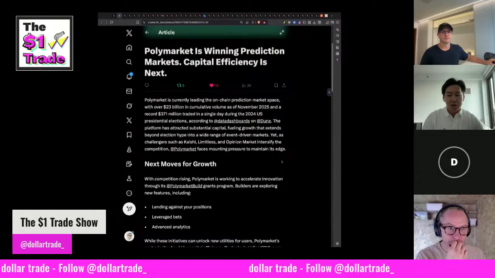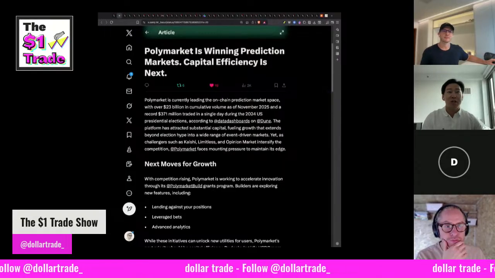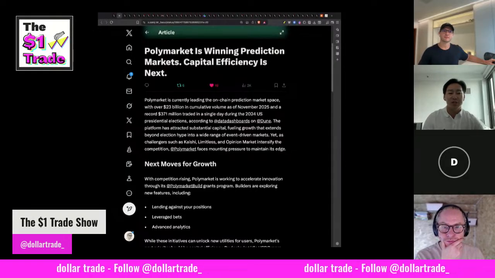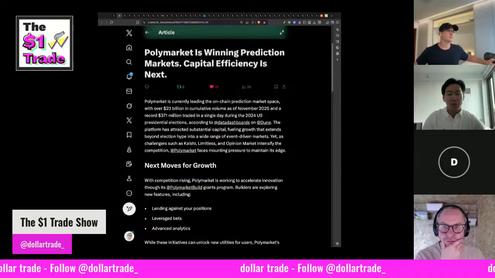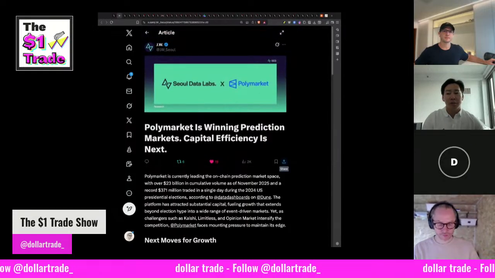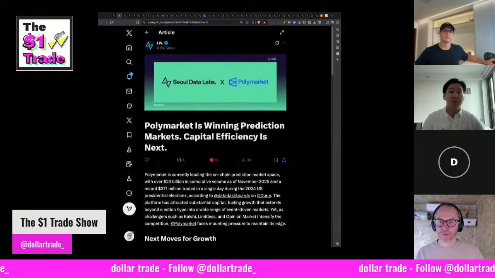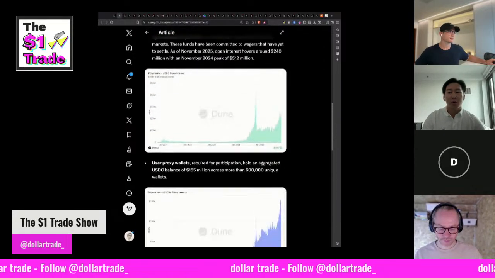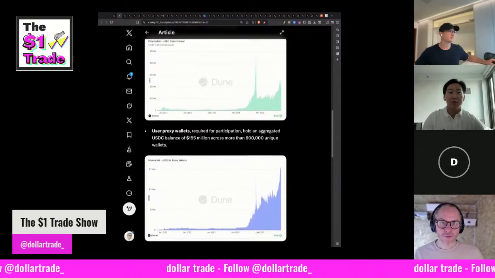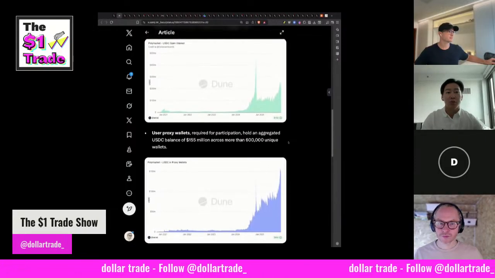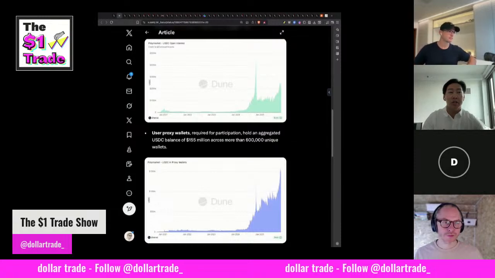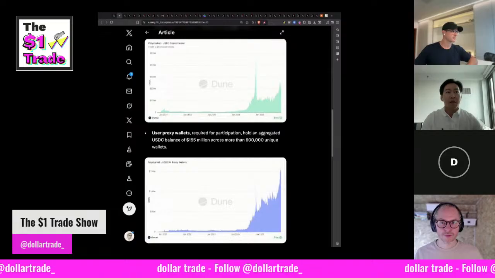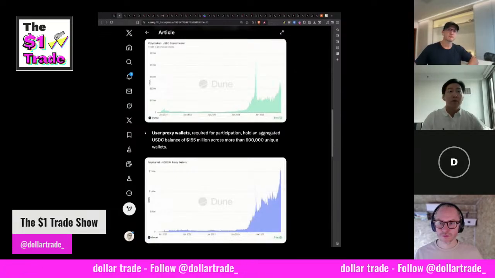Yeah, so I think Dash has the same chart in his. I didn't know, because I just built it myself because I was curious: how much USDC is sitting there? Polymarket started on Polygon, and there are two metrics where Polymarket holds USDC: first, open interest, and second, user proxy wallets, since users have to create this specific wallet in order to trade on Polymarket.